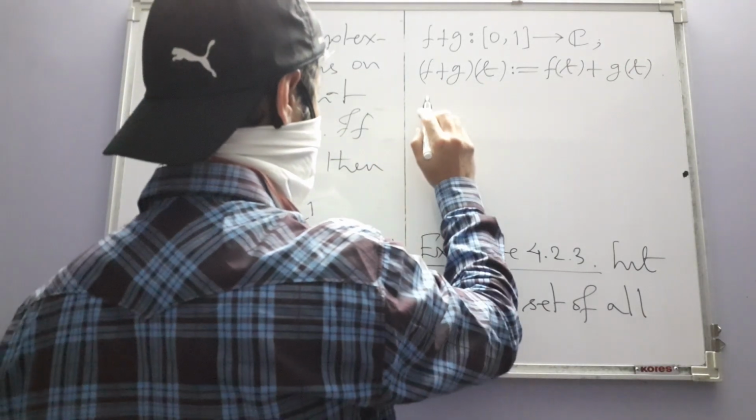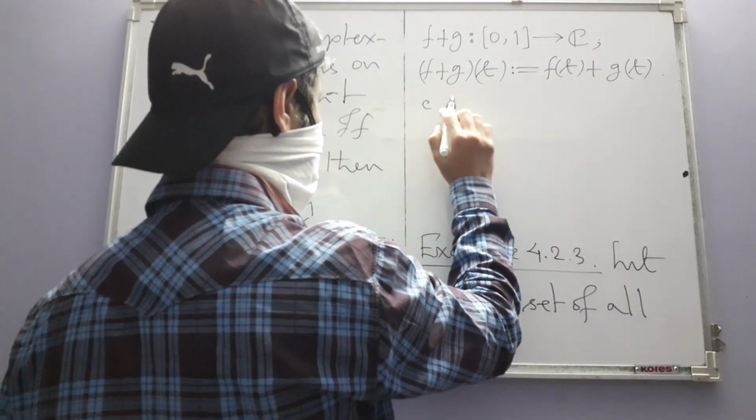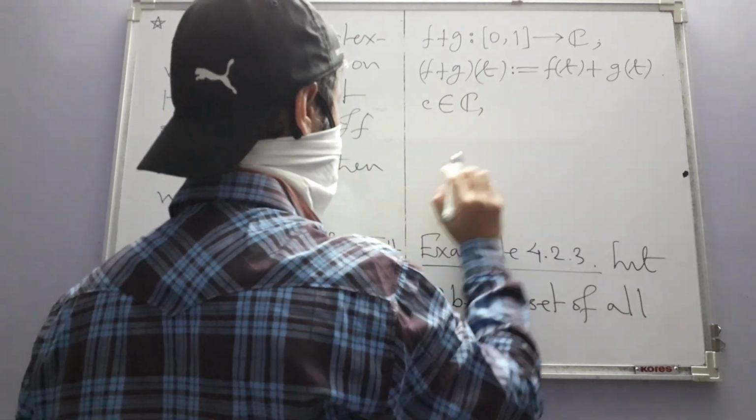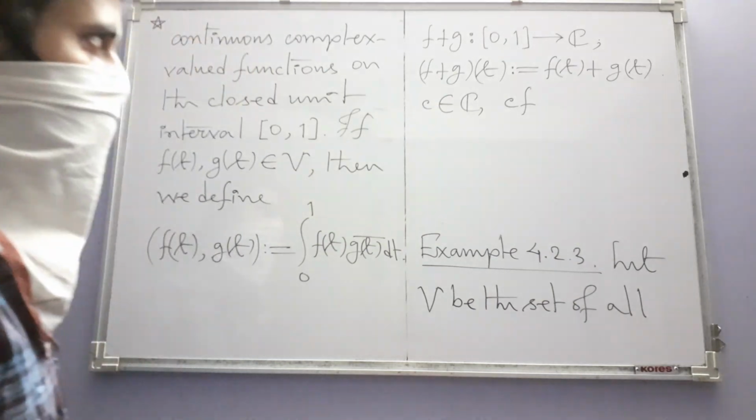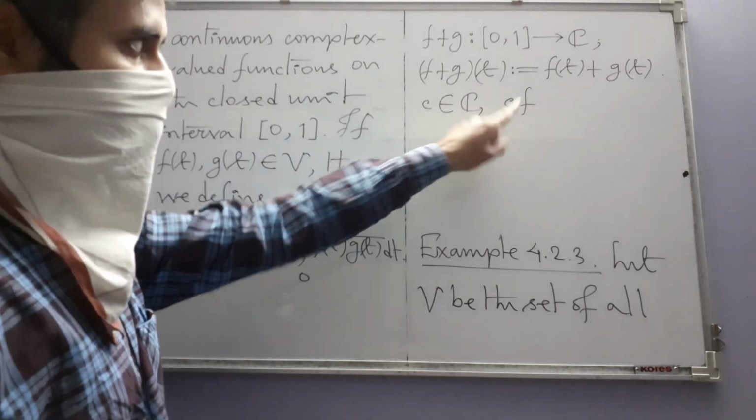And for scalar multiplication, if you consider one complex number c, then what does it mean to multiply the vector f by the scalar c?